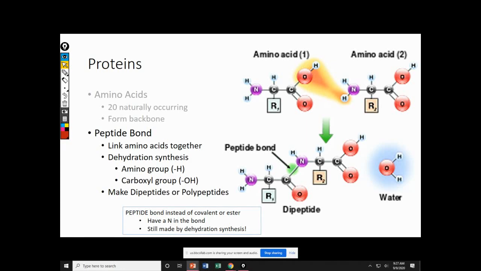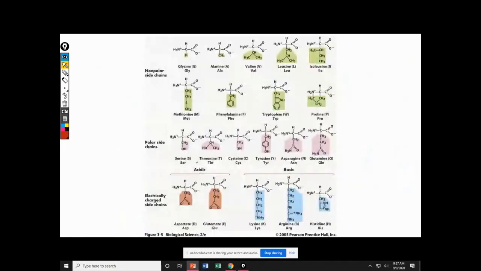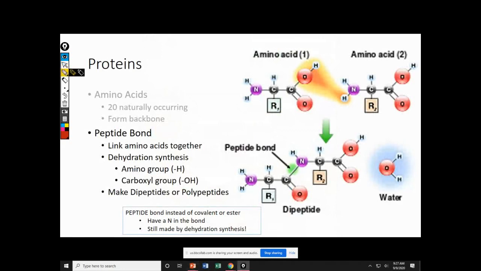Oh, I have it on there. Rats, that's no fun. So remember, we're using dehydration synthesis. We have two small amino acids, and we're going to make one large connected group, which is actually called a dipeptide. We'll talk about why that is. Just like with lipids, we like to use new names, but we're still following the same process.